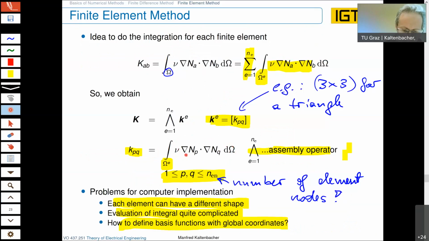So we will transform the global nabla operator, being a nabla operator with respect to x, y, and z in 3D, to a nabla operator for the unit space. For this, we have to do the transformation. We will transform the integral, which is the integral over the physical space x, y, z, to the unit space.